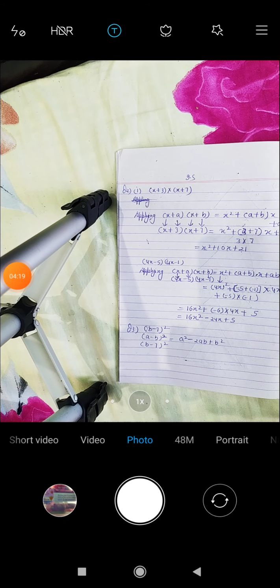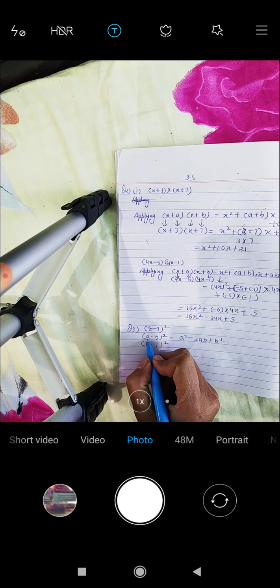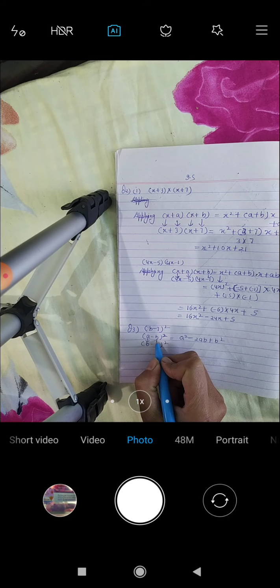This question will be solved with the help of the second identity (a−b)². And (a−b)² is a² − 2ab + b². In place of a we have b and in place of b we have 7.